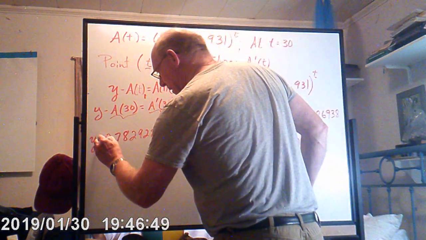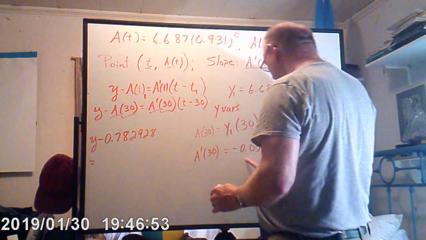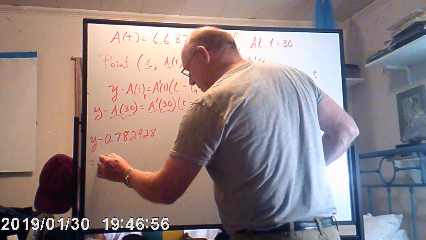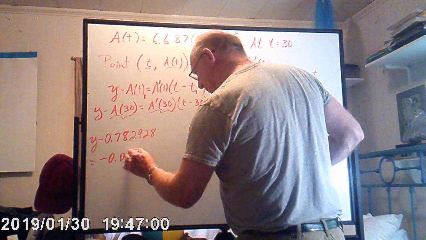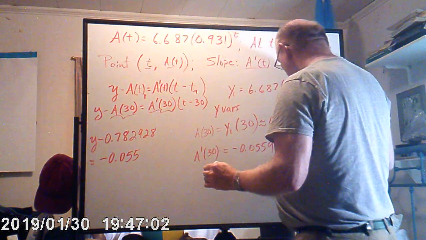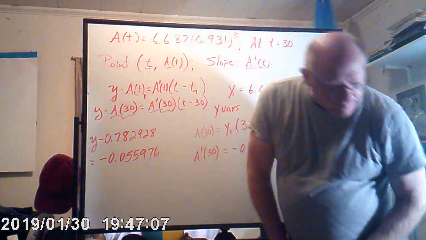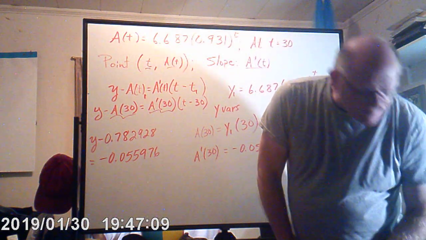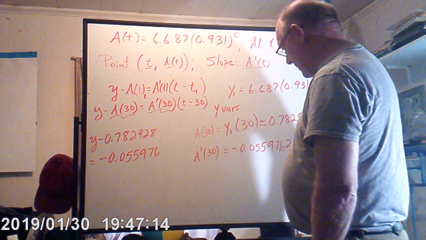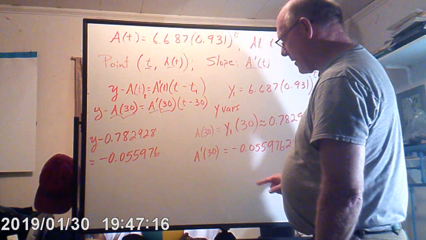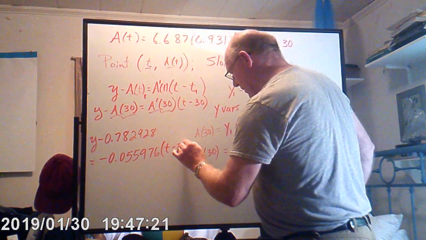This is minus, not a negative. And that's equal to m, which we already know. That's this, a negative 0.055976 is probably how far out they go with that. So it's equal to m times t minus 30.